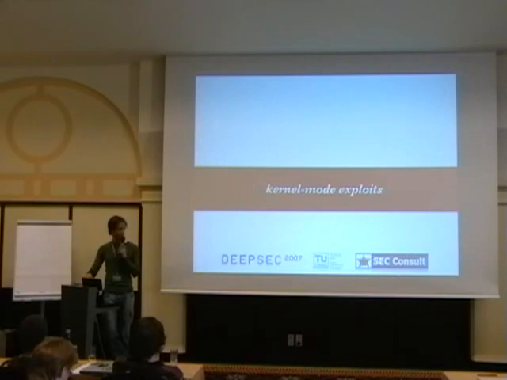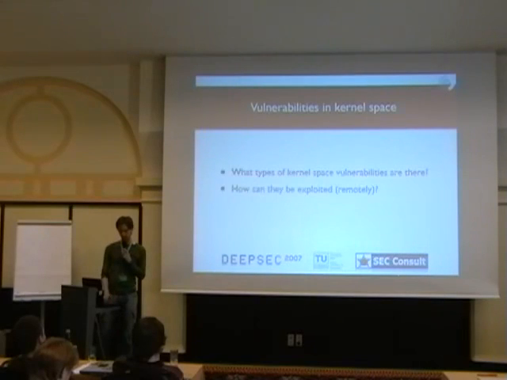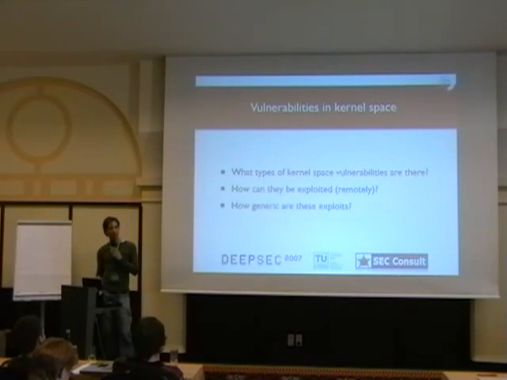You just saw the kernel panic. And before we started fuzzing, of course, we asked ourselves, what kind of vulnerabilities could we find in kernel space? And if we found them, could we exploit them, and how could they be exploited? And especially since we're fuzzing wireless devices, could we exploit them from a remote machine?